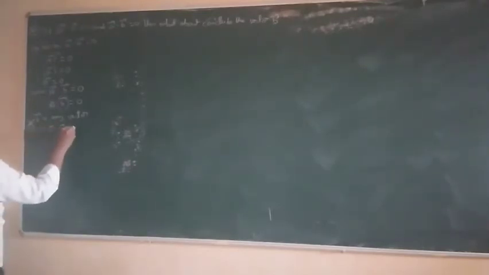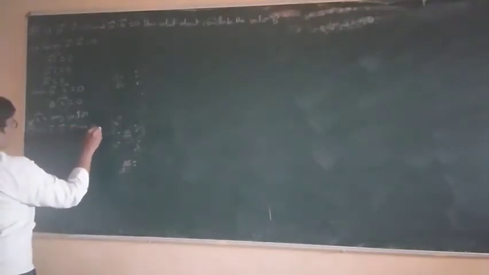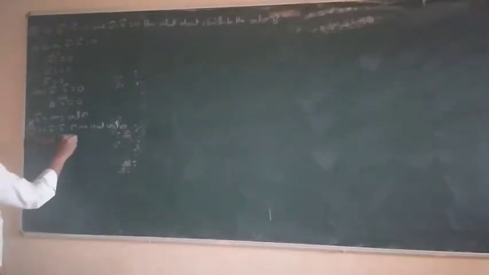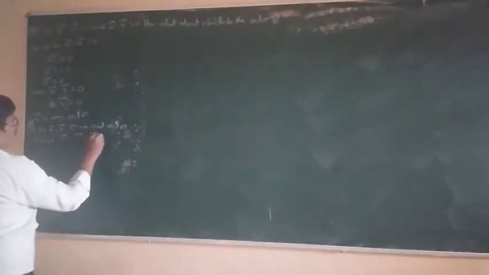For the given data, a bar, b bar, c bar are unit vectors such that a bar plus b bar plus c bar is equal to 0.